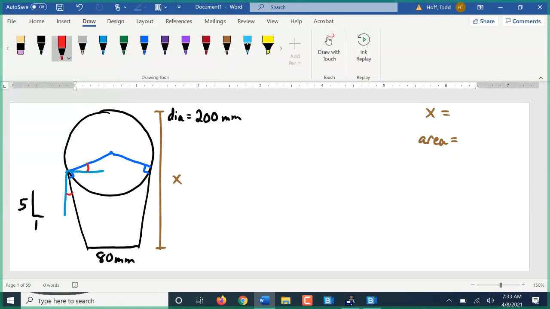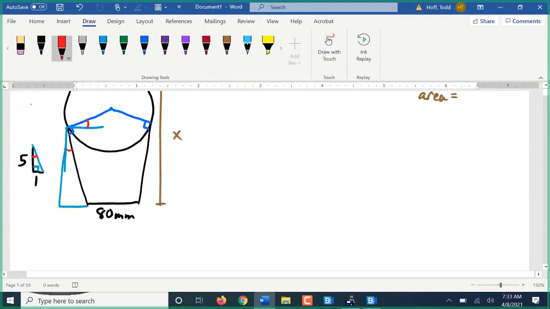This angle down here can be found. If I extend that down, I don't have to extend it all the way. That is just the 5-to-1 aspect ratio. Basically, I'm just completing that triangle there. So in that aspect ratio, whatever this angle is has to be this angle right here.